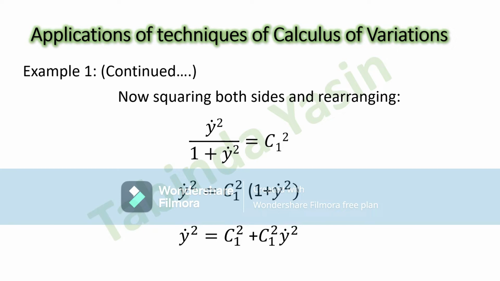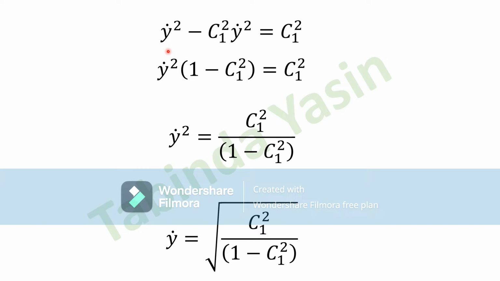y dot square is equal to C1 square plus, as we have multiplied C1 square inside, C1 square into y dot square. Now we're going to take the term C1 square y dot square to the left hand side, and that will become a minus sign.